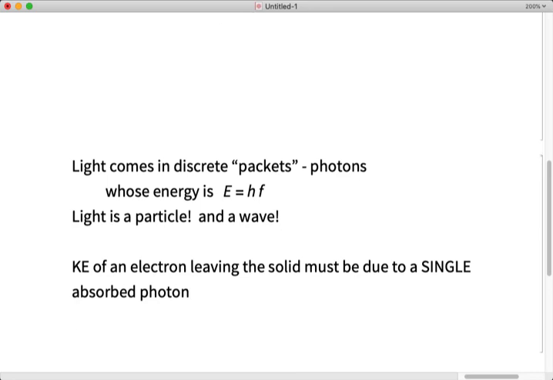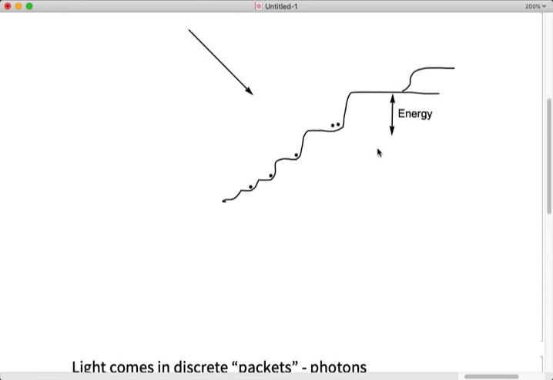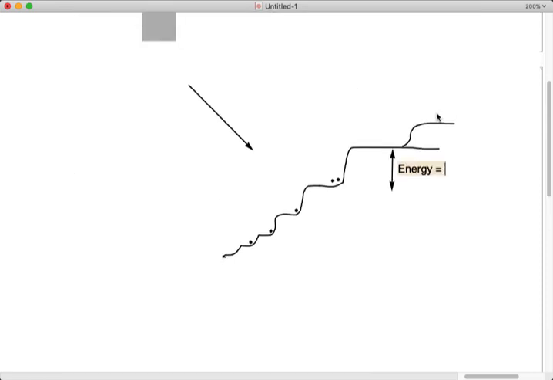And so we can talk about the total kinetic energy of that electron. It must be the energy of the photon itself minus this energy. And I'm going to call this energy specifically the energy of the least bound electrons within the metal.